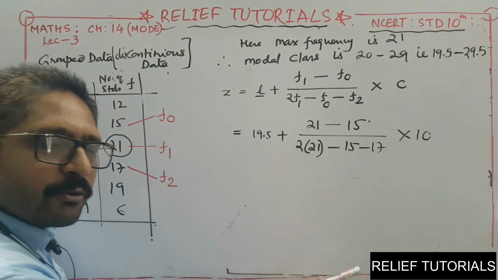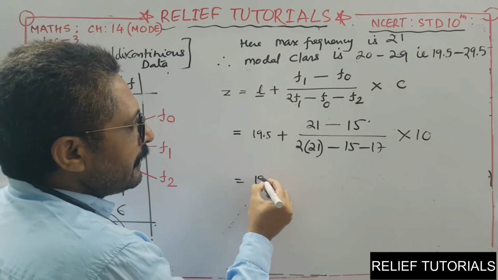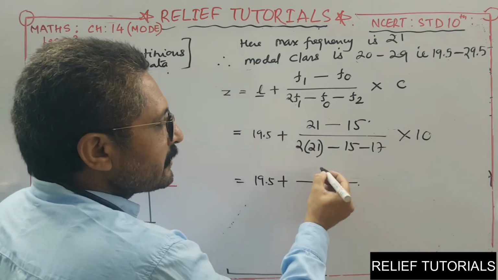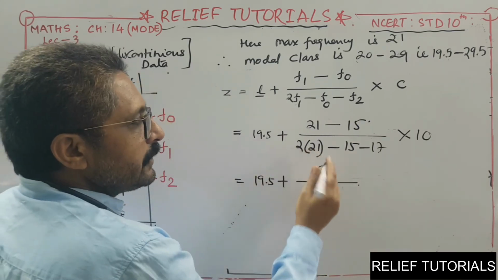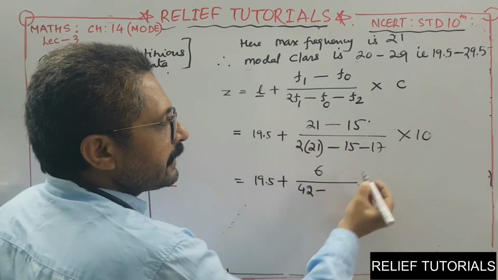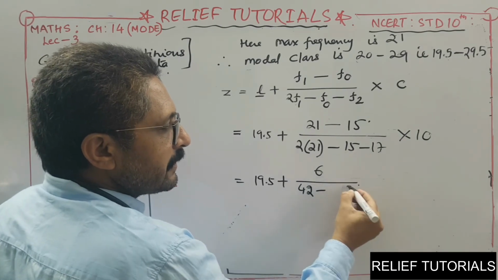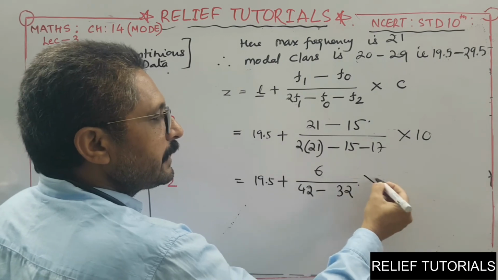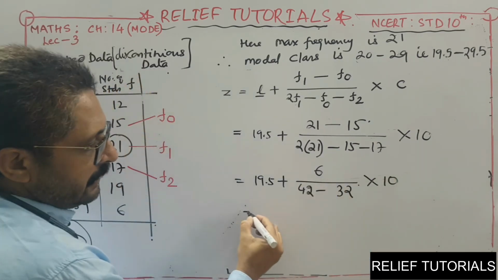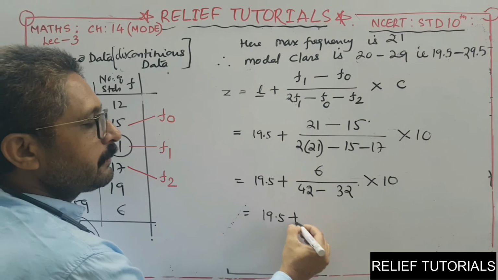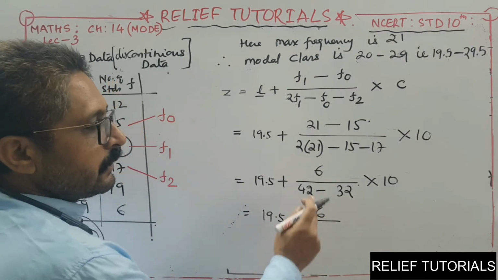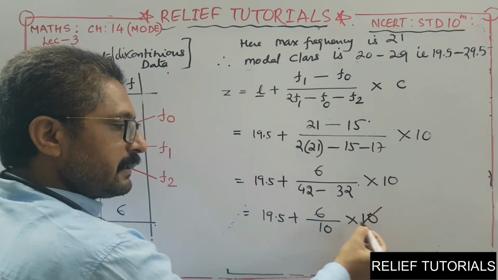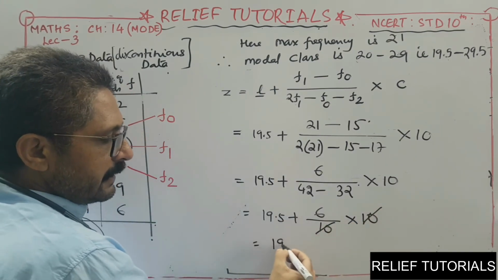Now just solve: 19.5 plus 21 minus 15, which is 6, over 2 into 21, 42, minus 32, into 10. So 19.5 plus 6, 42 minus 32 is 10, into 10. These two cancel.